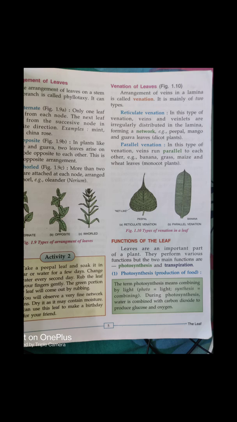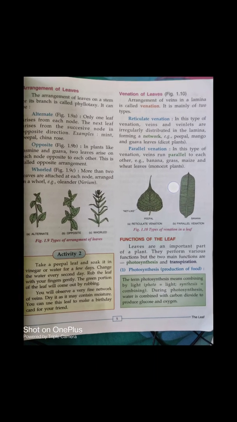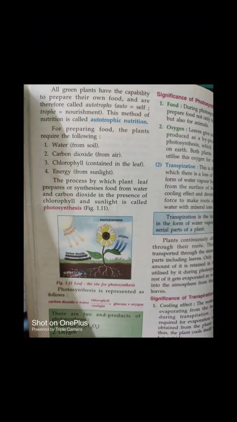During photosynthesis, water is combined with carbon dioxide to produce glucose. In the presence of light, or photo, and synthesis meaning making, food making occurs. That's why this process is called photosynthesis.